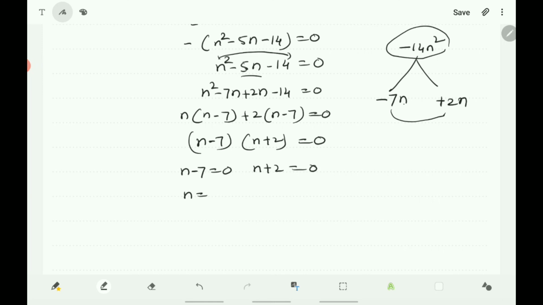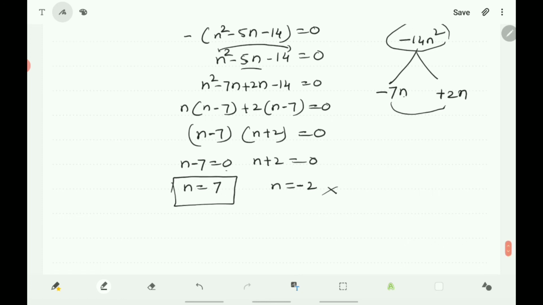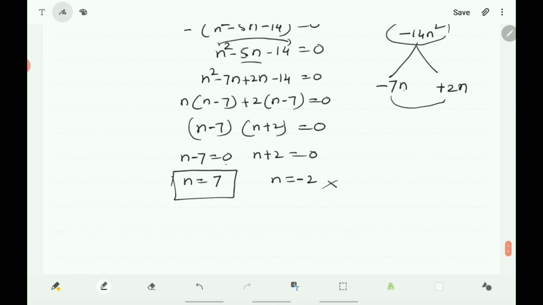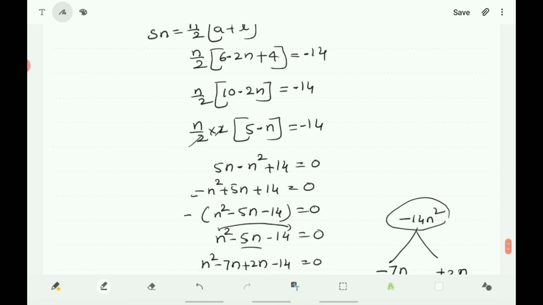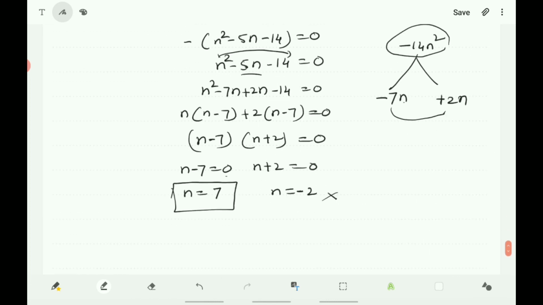So n is equal to 0 plus 7, that is 7. Here n is equal to 0 minus 2, minus 2. So as n is a positive integer, n is equal to 7 is to be considered. Therefore, you got the value of n is 7.